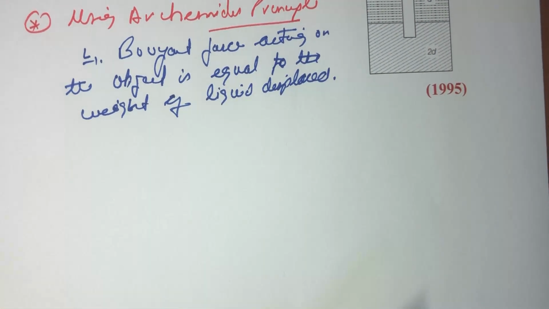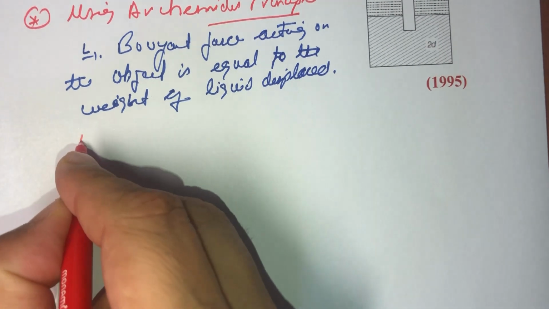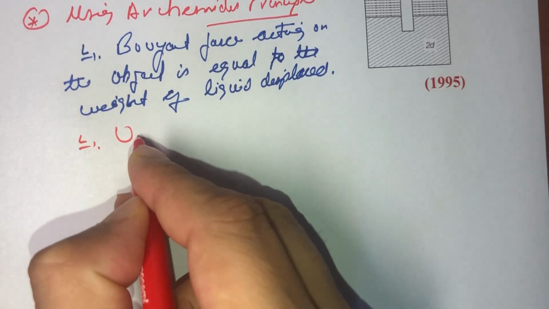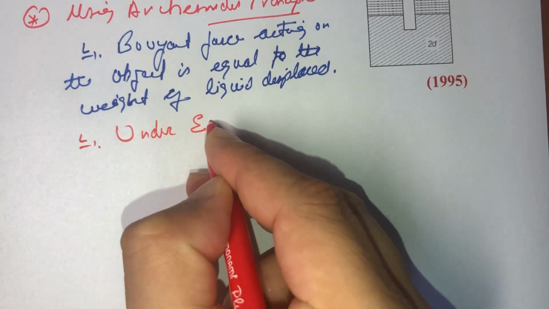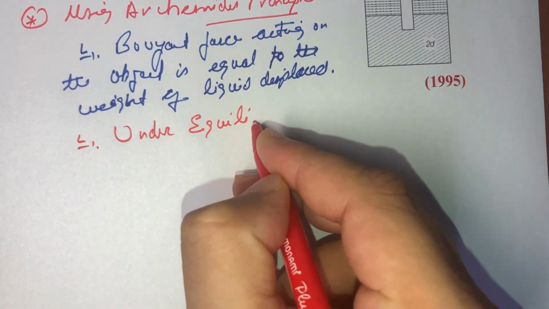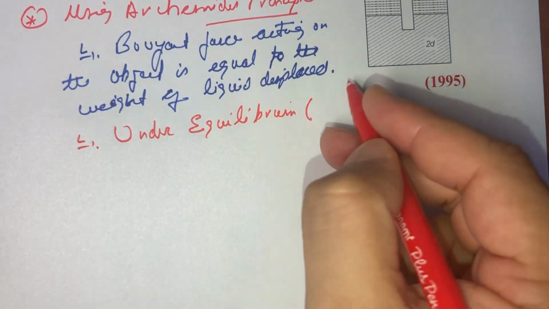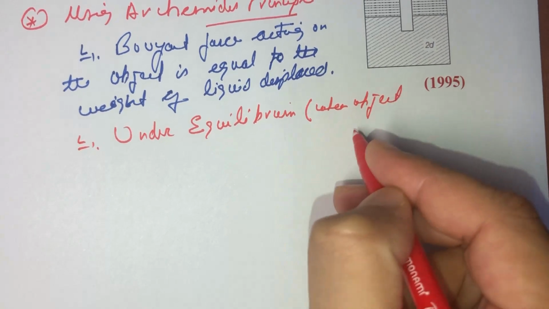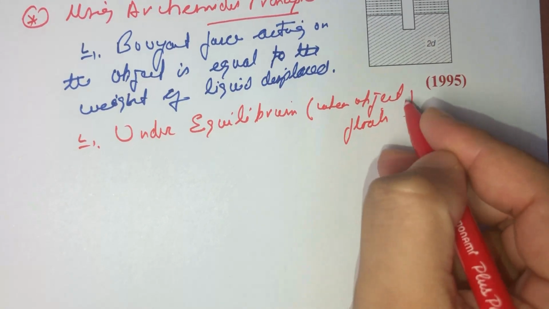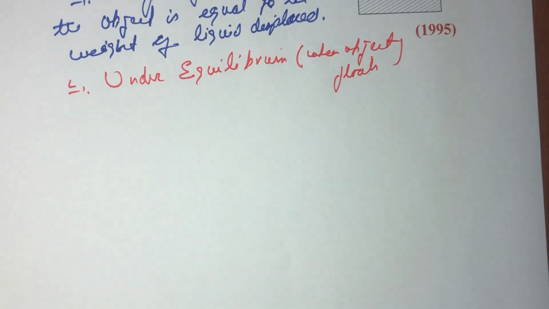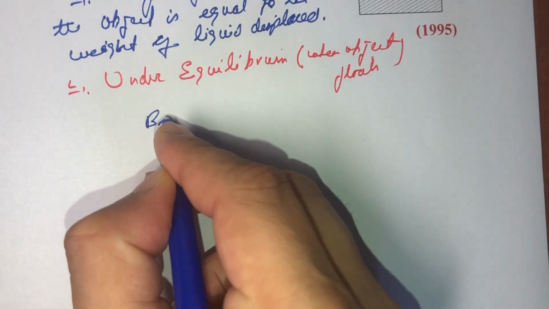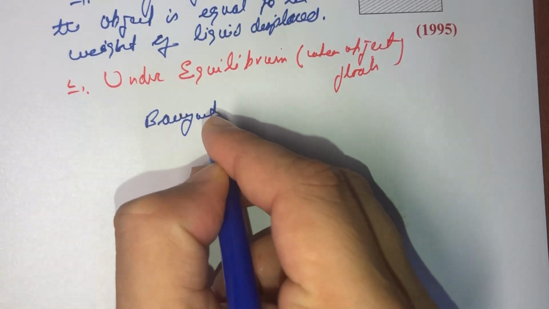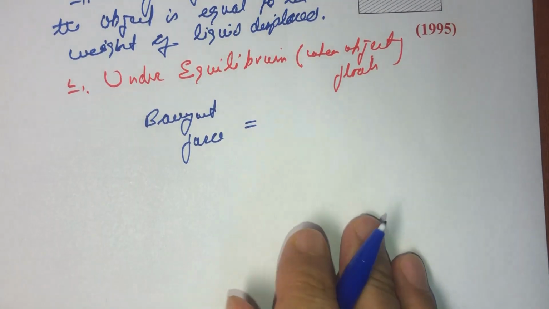So when this cylinder is in equilibrium, the buoyant force will be equal to the weight of the object. Under equilibrium, which means when the object floats, buoyant force is equal to the weight of the object.